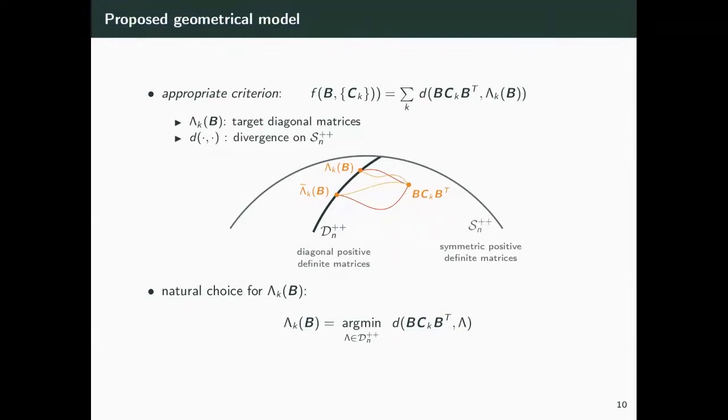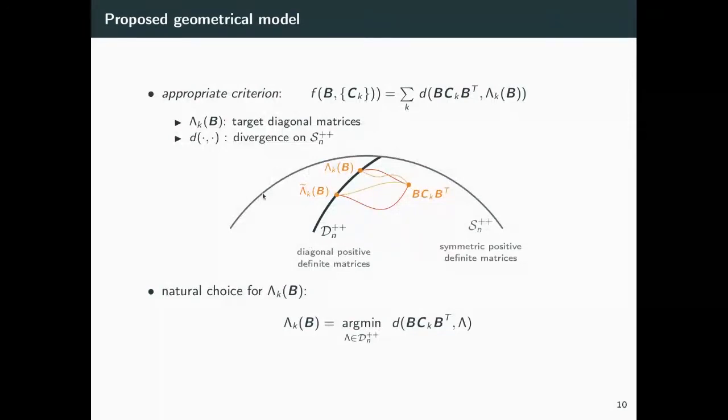Okay, so with this modelization, an appropriate criterion is to take F as the sum of the divergence between the transformed matrices and some target diagonal matrix on the set of diagonal matrices.